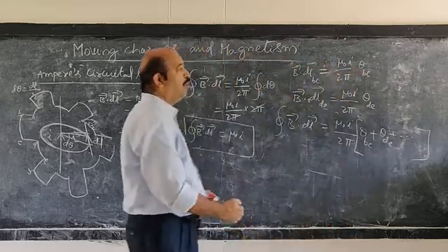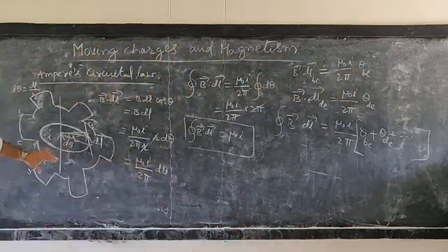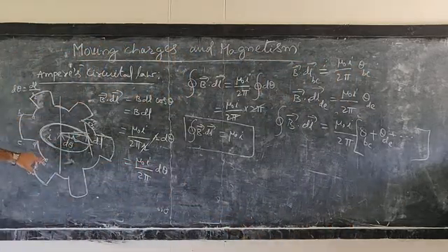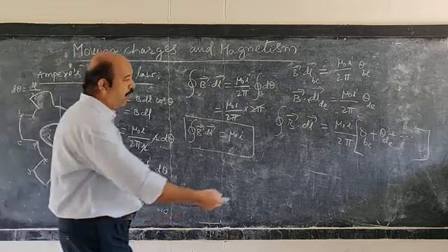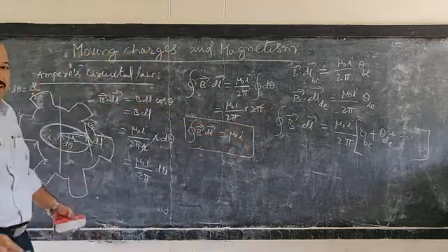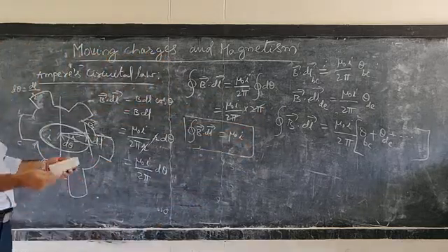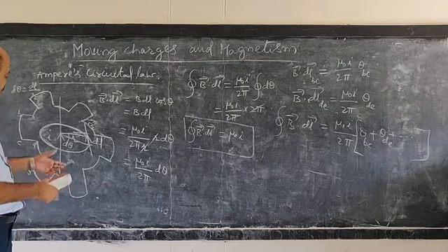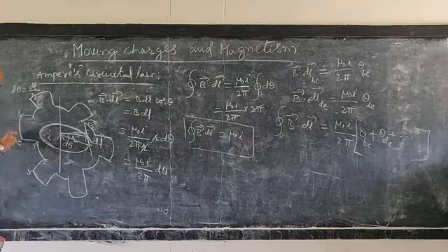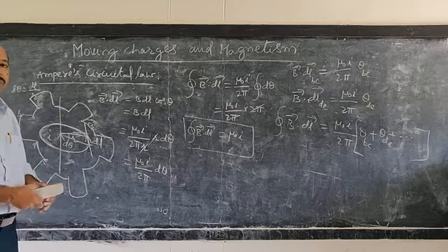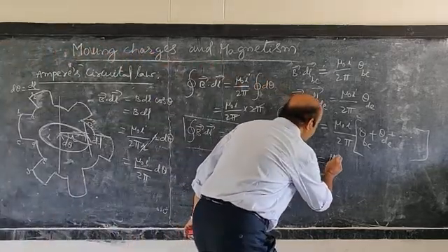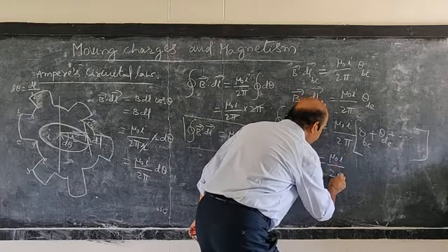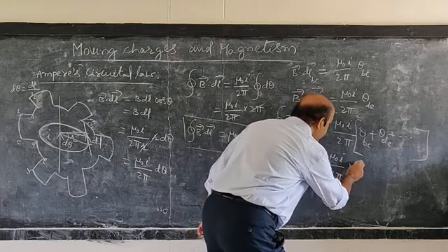Into however many such parts you have divided, for each arc you can find out that angle. You sum up for all the elemental parts. Then you know, for any closed path, the sum of the angles subtended by the arcs at the conductor, because it's a closed path, must give you 360 degrees or 2 pi radians. Hence, this is mu naught I by 2 pi into 2 pi.